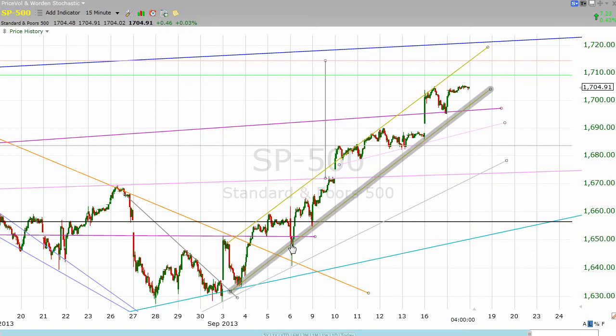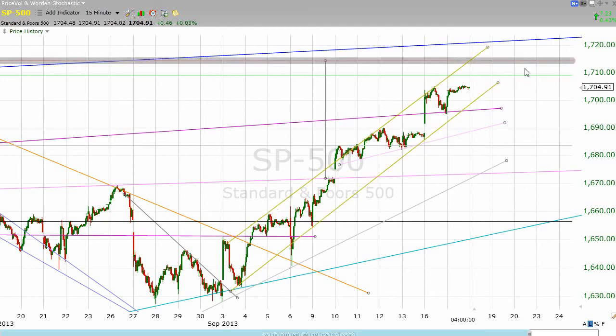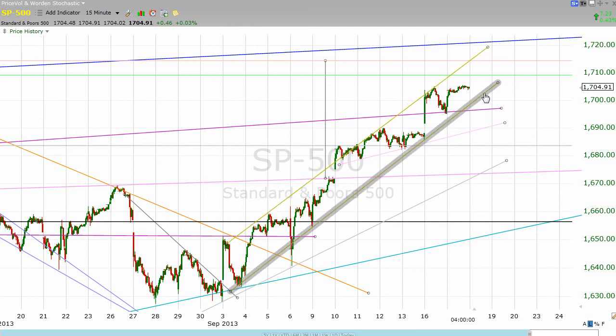But if we ignore this weak open on the 6th and this strong open on the 10th, everything else pretty much fits in these channel lines. So I'm going to go ahead and leave that. And say if we break this bottom line, that could be a sign that, hey, this party is about ready to take a breather, if you will.